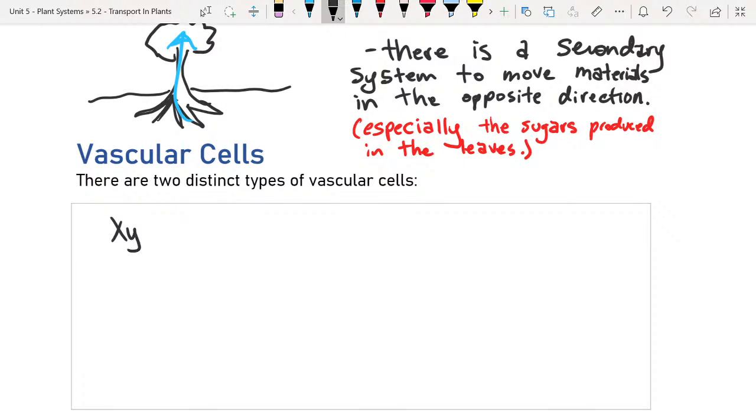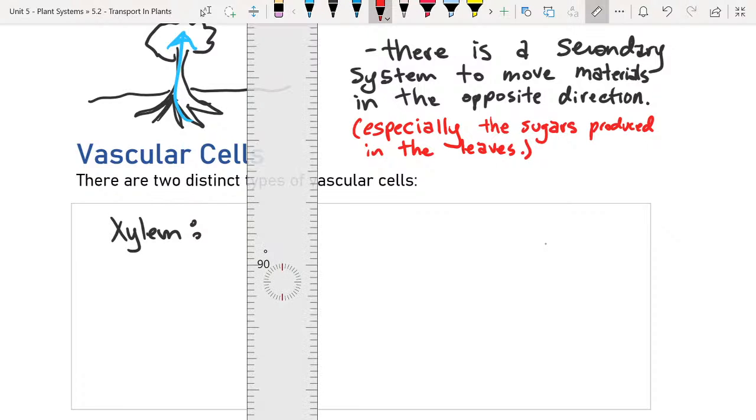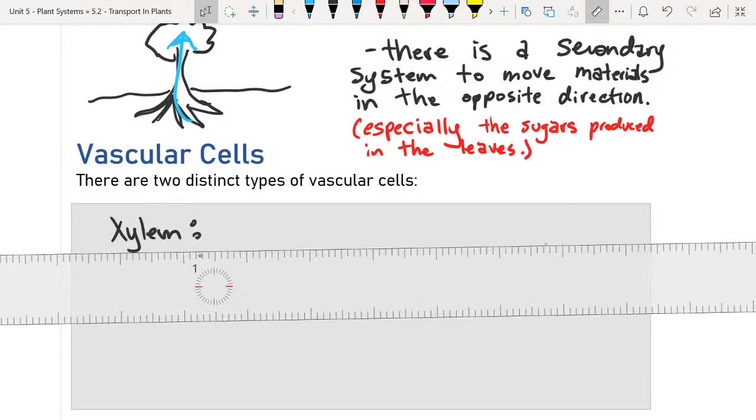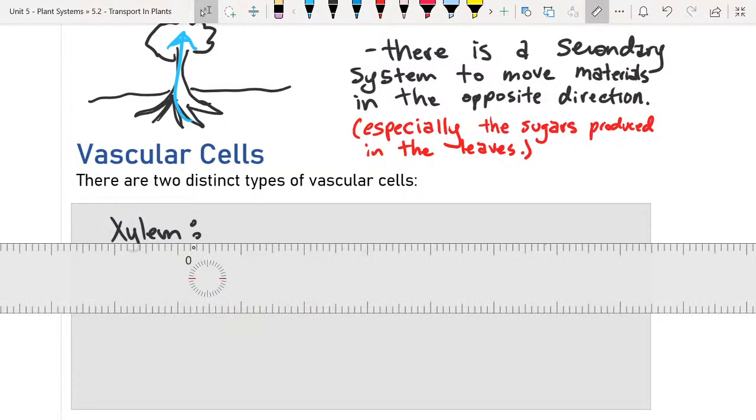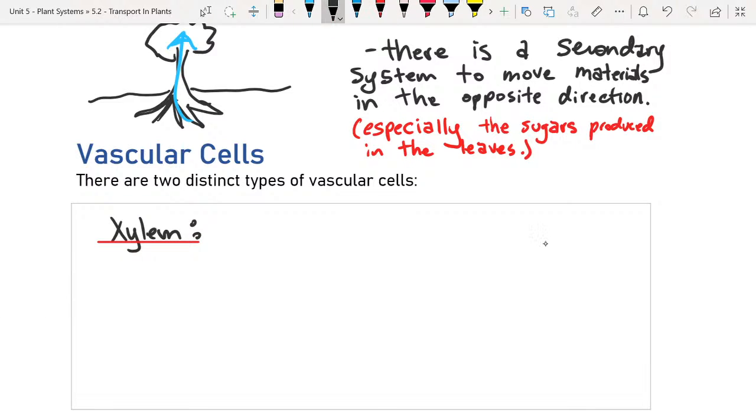So we have one called xylem. It's a Z sound, but it's an X. Love the English language. Xylem. So these cells move water up the plant.